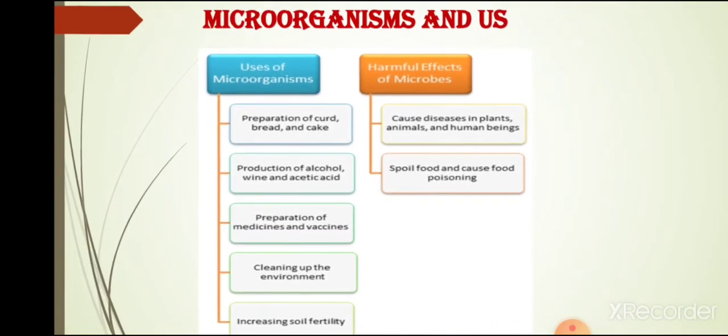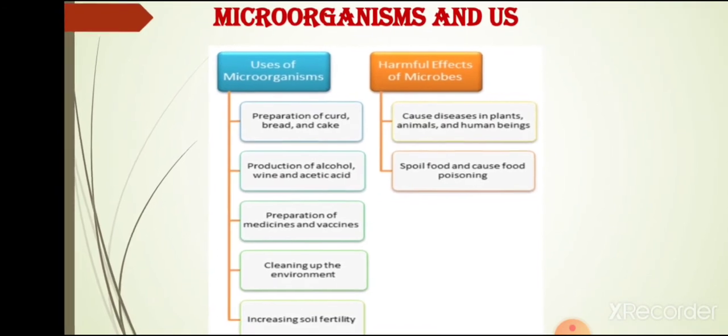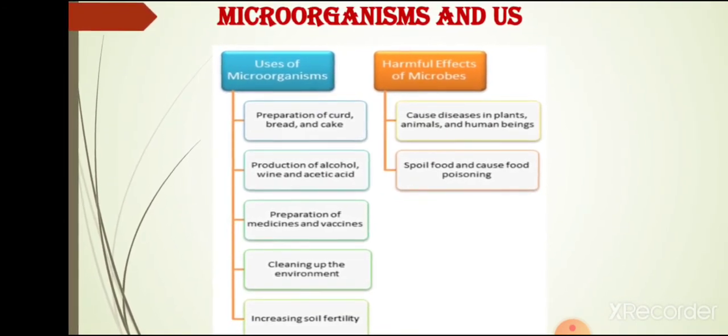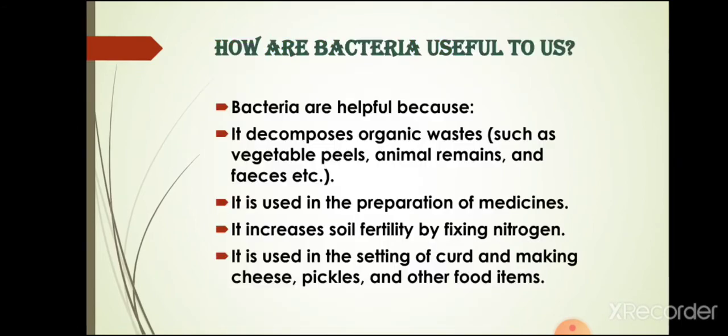You can see here the uses of microorganisms, like preparation of curd, bread and cake, production of alcohol, wine and acetic acid, preparation of medicines and vaccines, cleaning up the environment, increasing soil fertility. Whereas some microorganisms are harmful for us, like they cause diseases in plants, animals and human beings, spoil the food, and cause food poisoning.